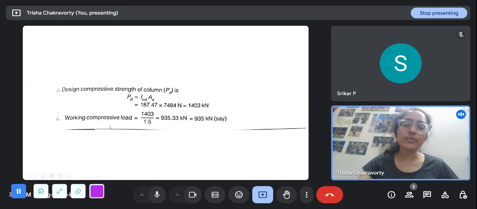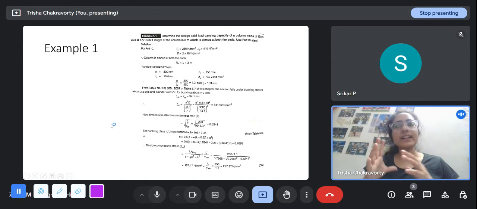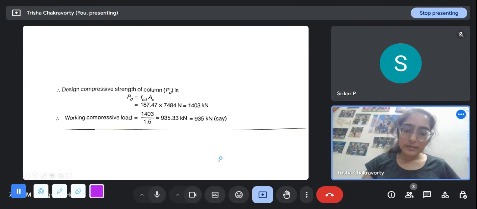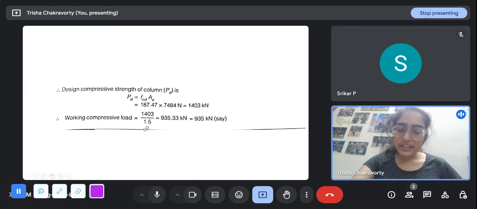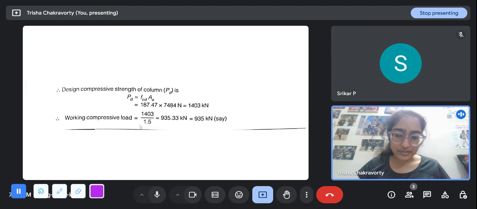And the working compressive load, we won't allow it to go up to this. A factor of safety of 1.5 is to be applied. So 935 is the working compressive load. The design load is always the working load multiplied by the factor of safety, so the working load is the design load divided by the factor of safety.